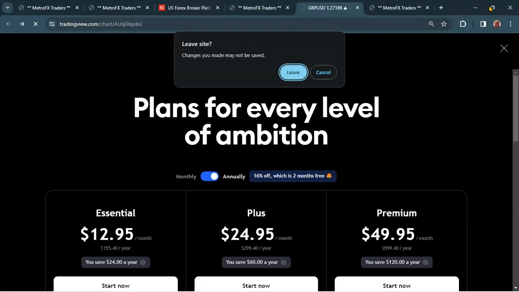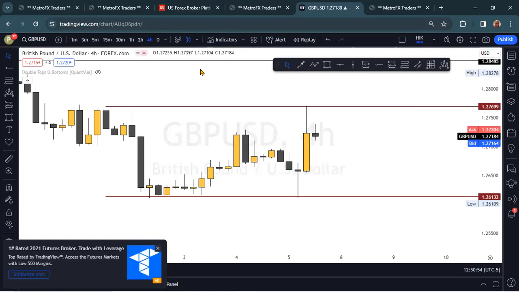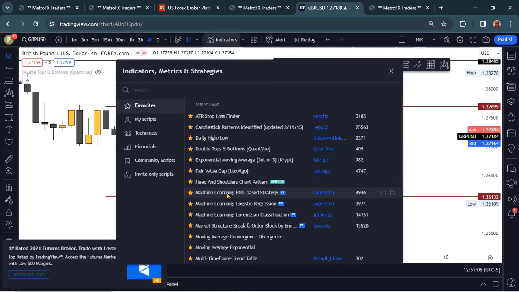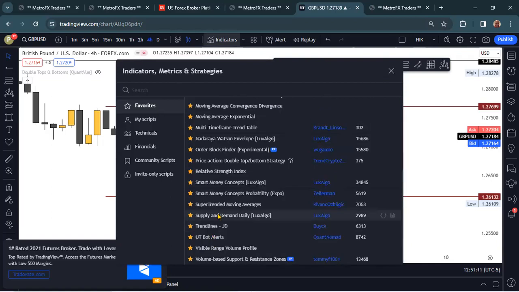Okay, we're back on the chart. All right, so go back to indicators, and we're going to put supply and demand daily levels.